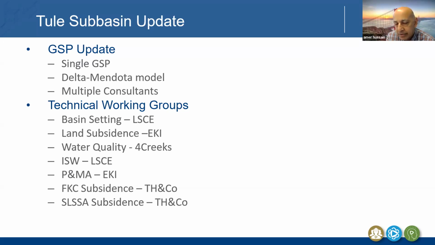Yeah, I would say that the land subsidence, of course, is one of the more ongoing discussions and one of the more lively discussions. That's one of the biggest challenges that the subbasin has. So we may not have come to a consensus just yet, but I think after each meeting, it's maybe getting a little bit closer and closer.